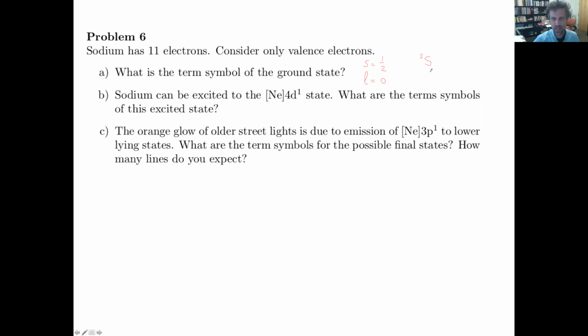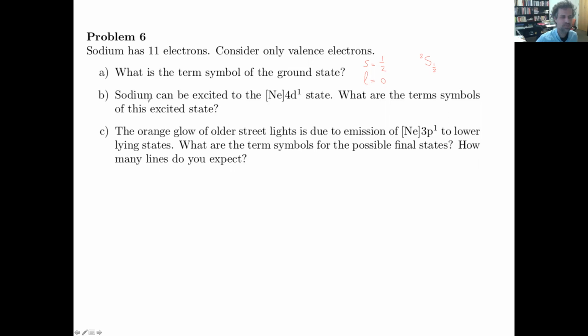But since L equals 0, there's only one combination, and that's half. So what I'm finding is S with the multiplicity 2, and then 1/2 for the total angular momentum. This is called a doublet. It's a doublet state for a single electron. Okay, that's question letter A.